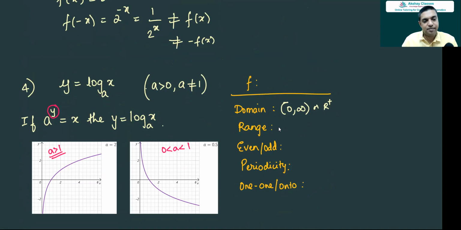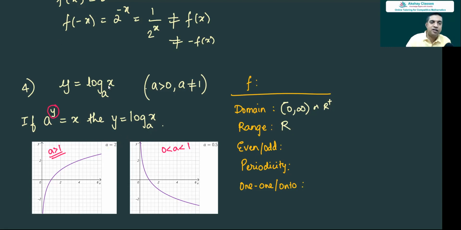Now what is the range of the log function? Look at the graph. So minus infinity to infinity. Very good. So the range is R, because as x keeps increasing, the log value also keeps increasing, of course at a smaller rate. X is 2 power 100 and a is 2 here.